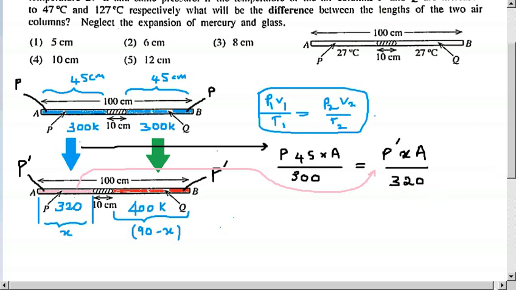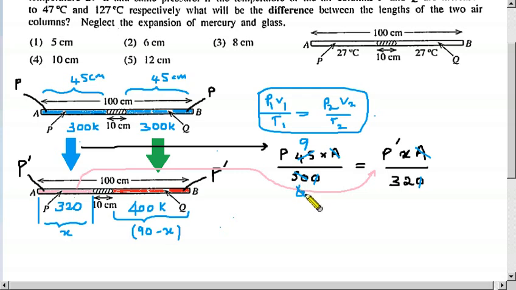So we can cancel capital A, and also we can cancel one of these zeros, and simplify: divide by 5, so 9 here, 6 there.